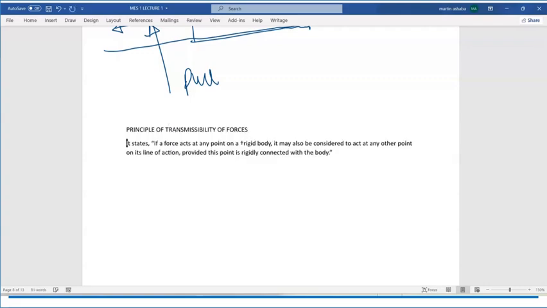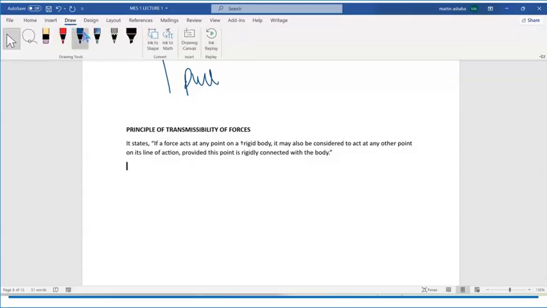The principle of transmissibility of forces states that if a force acts at any point on a rigid body, it may be considered to act at another point on its line of action, provided the point is rigidly connected to the body. So this is what we mean here.